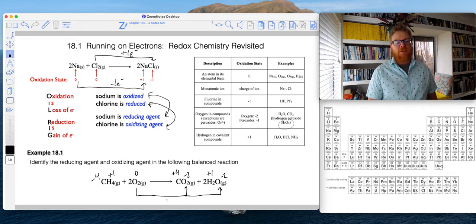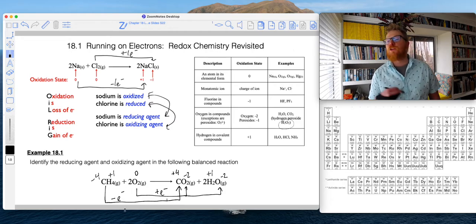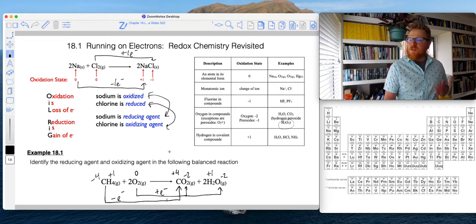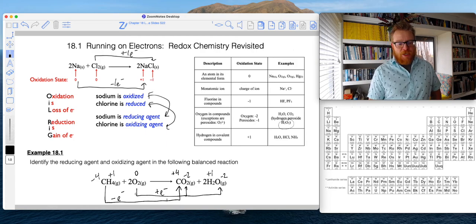Okay, so oxygen to go from 0 to -2, that means it's gaining electrons. And methane to go from -4 to +4, that means it's having to lose electrons. So we could say if oxygen is gaining electrons, that means oxygen's being reduced, which means oxygen is the oxidizing agent, as we just said.